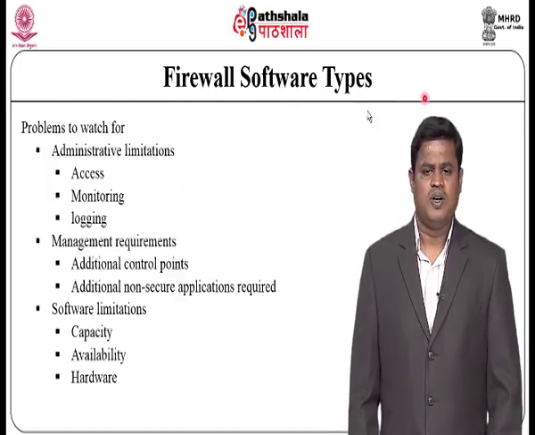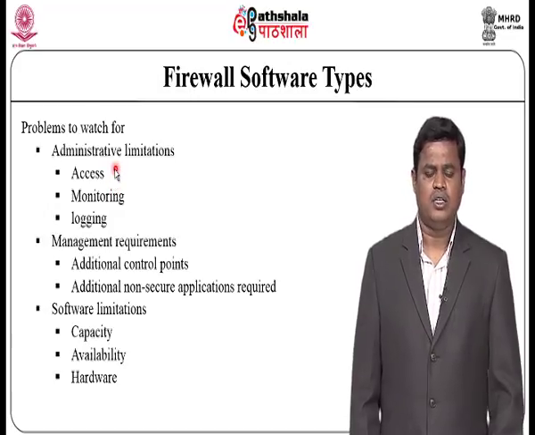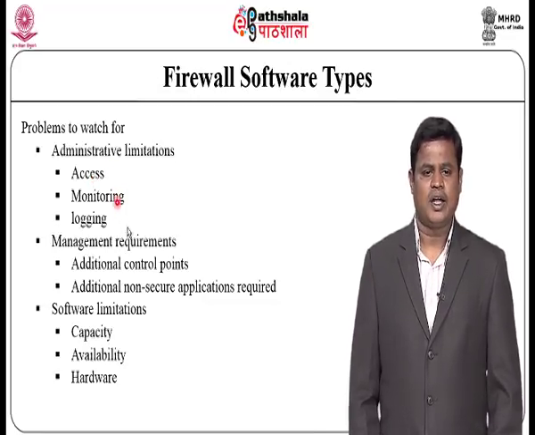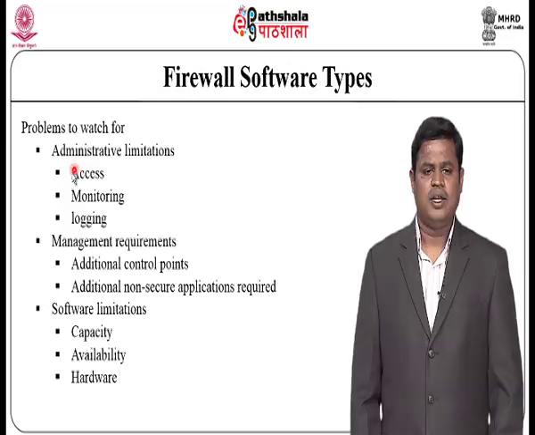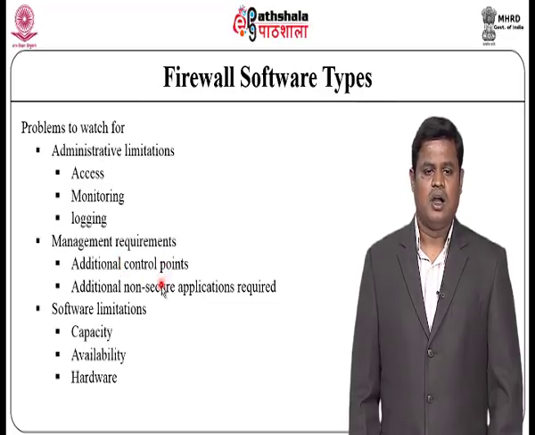Firewall software types have problems to watch for. Administrative limitation means we have access, monitoring and logging, where you can access the content with a limited level of privileges, and also monitor the content and log it when a problem happens. Management requirement is an additional control point, and an additional non-secure application is also required.